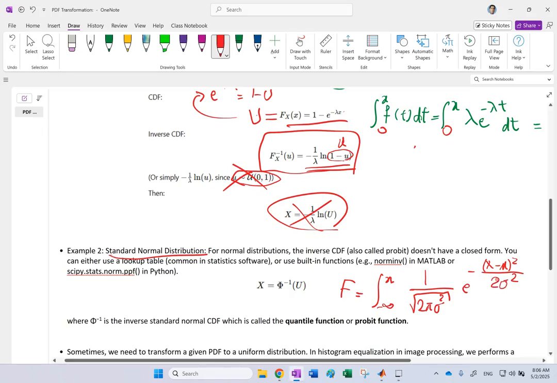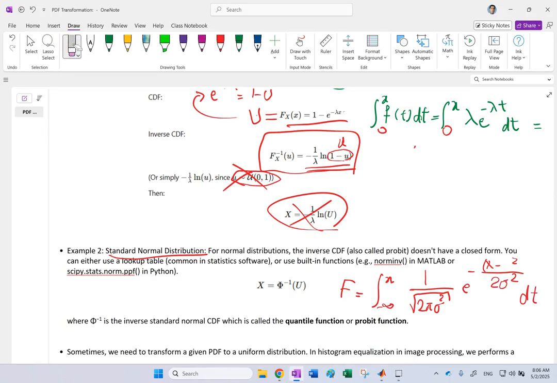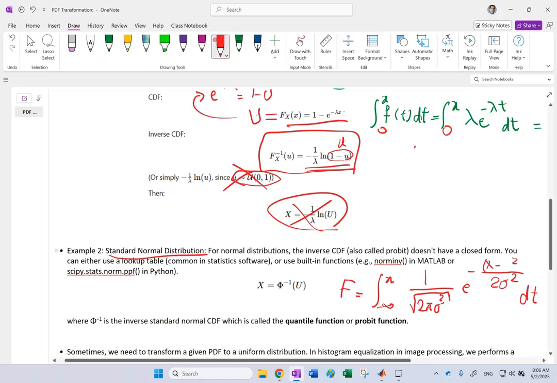So now this is going to be dt, and I have to change that x also to t, so it's going to be t minus mu squared, right? And guess what? This integral does not exist. There is no definite integral for this.